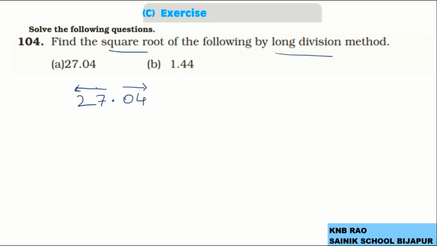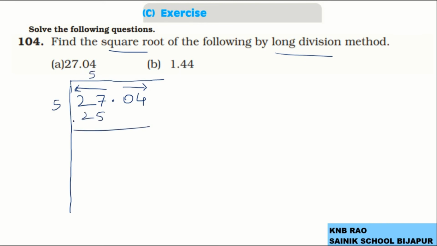So pairs we have to make first. After making pairs, that many digits will come in the answer, and here this 27 is close to the perfect square 25, which is 5 5s are 25.